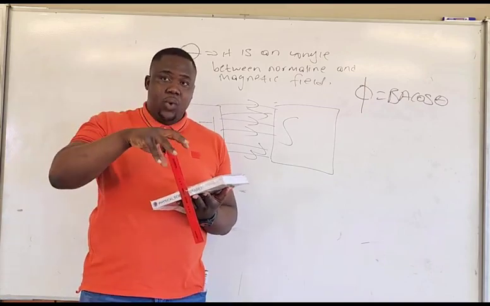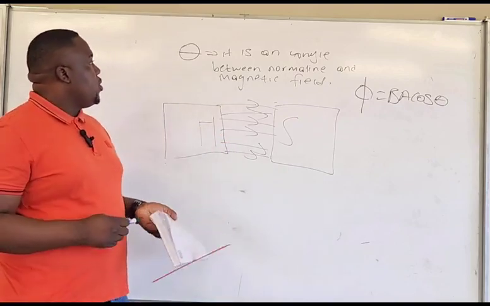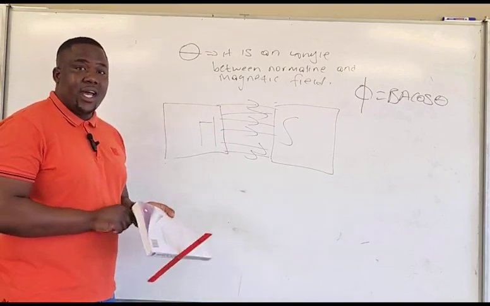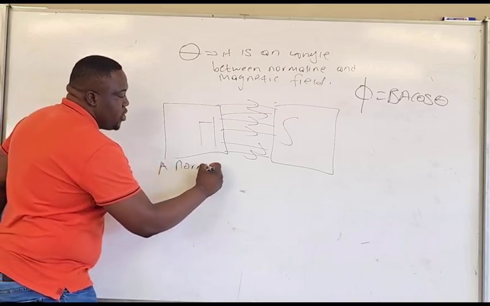So I want you to understand, a normal line is found in a coil. Each and every coil has a normal line.